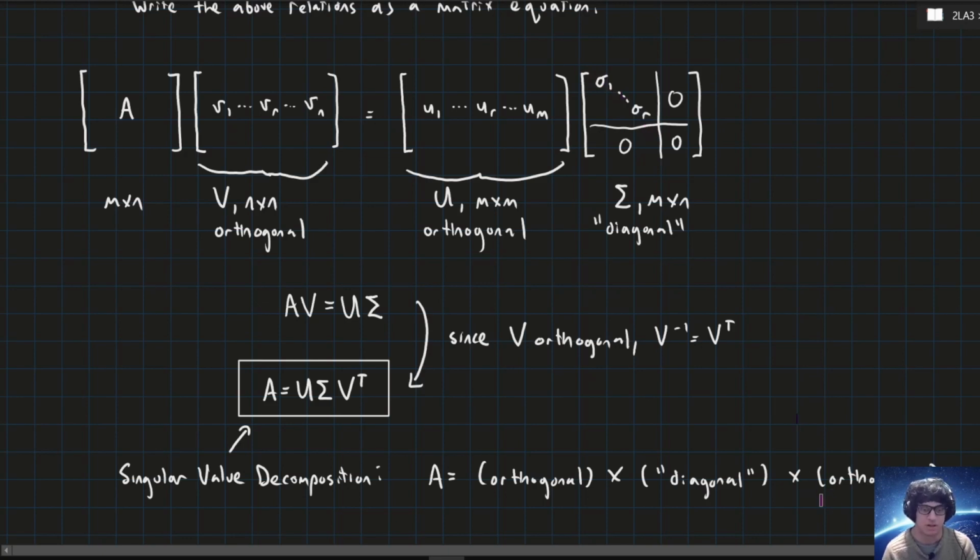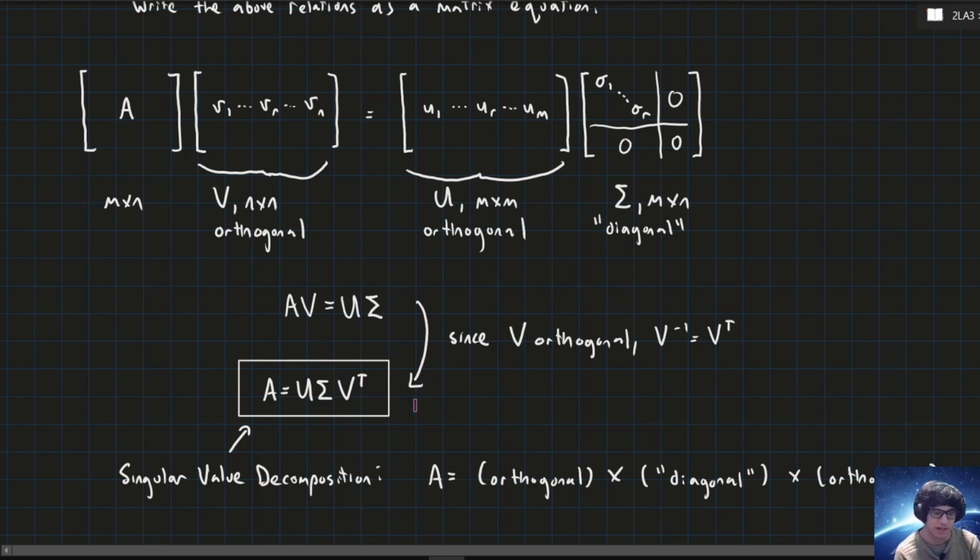times an orthogonal matrix. How this differs from, say, orthogonal diagonalization is that this isn't really a diagonal matrix, and these two orthogonal matrices aren't directly related. We're not taking U transpose at the end, we're taking V transpose, another matrix.